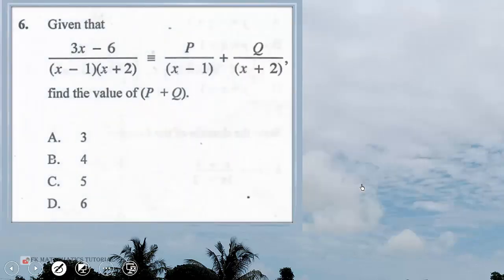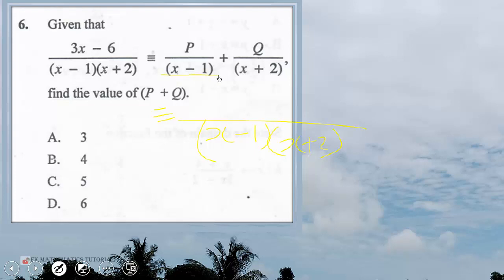Given that 3x minus 6 over x minus 1 into x plus 2 is equivalent to p over x minus 1 plus q over x plus 2, find the value of p plus q. So what we have to do is that we find the LCM. We have x minus 1 here, then x plus 2.